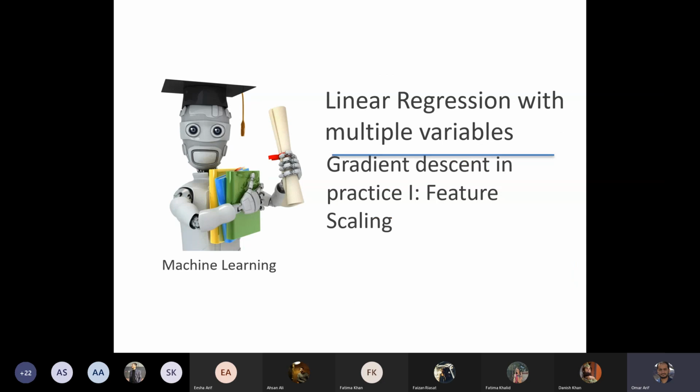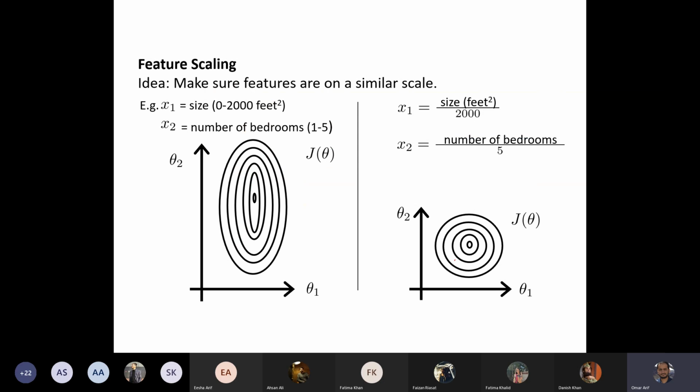We also looked at gradient descent. We also looked at feature scaling, and the objective is to scale the features and normalize them so that each feature has a similar effect on the gradient descent process.